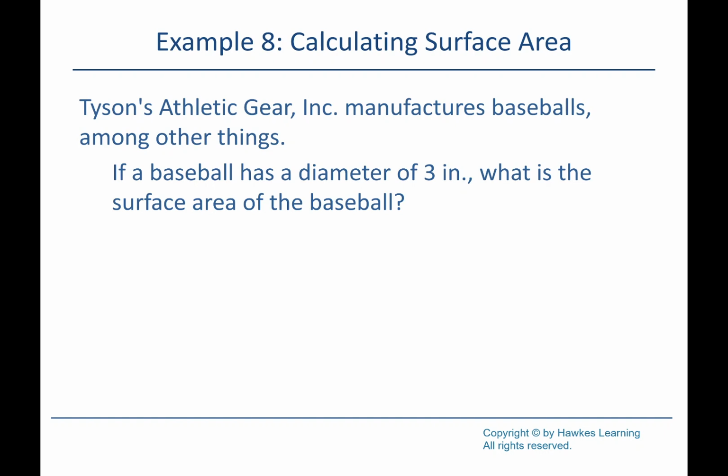All right, so we've got a manufacturer of baseballs. It says if a baseball has a diameter of 3 inches, what's the surface area of the baseball? If we're trying to figure out the surface area, we don't need the diameter.